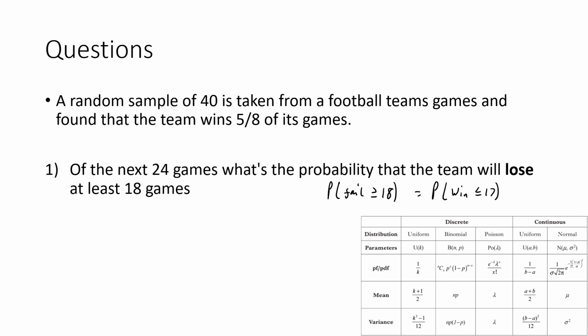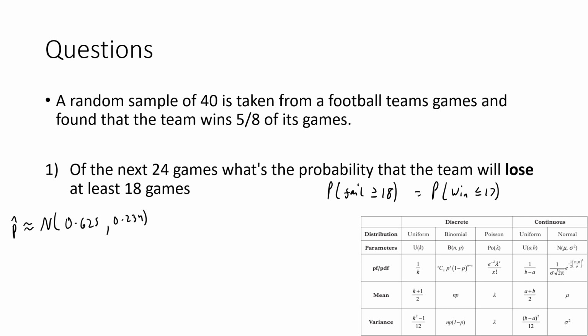We already know p hat, q hat, all that stuff. We even know our normally approximated distribution is 0.625 and 0.234.